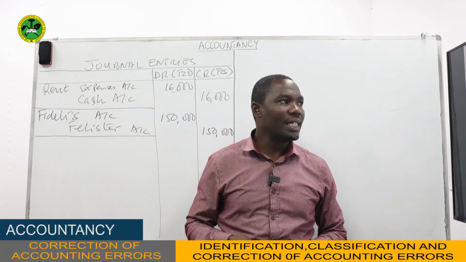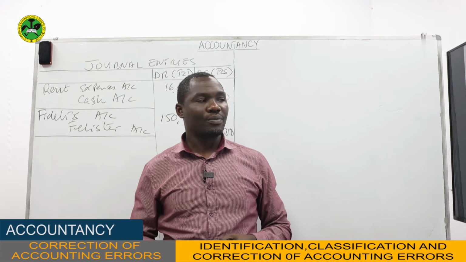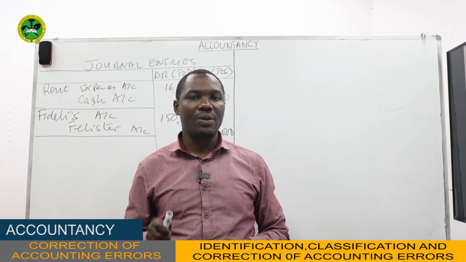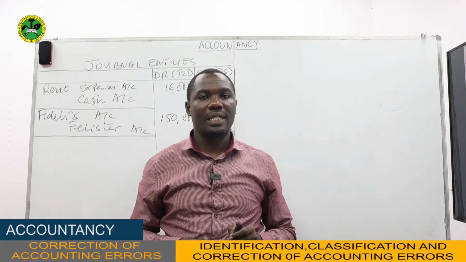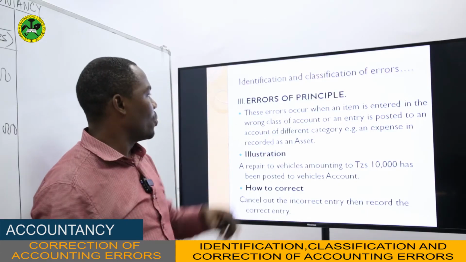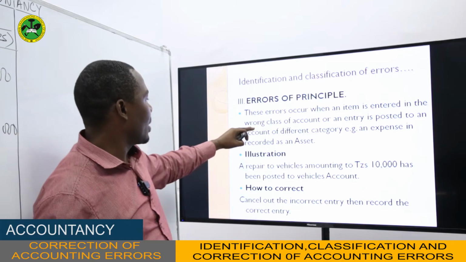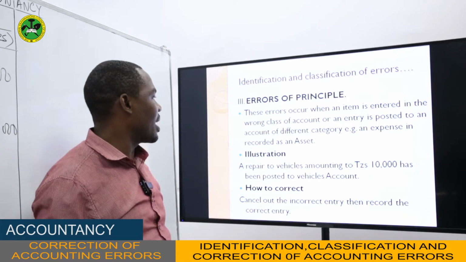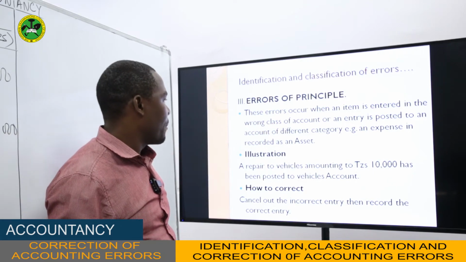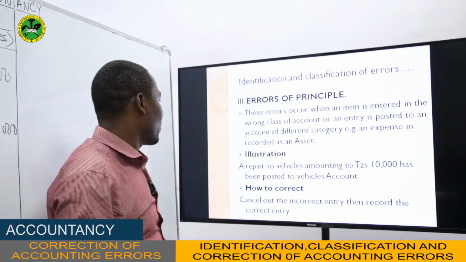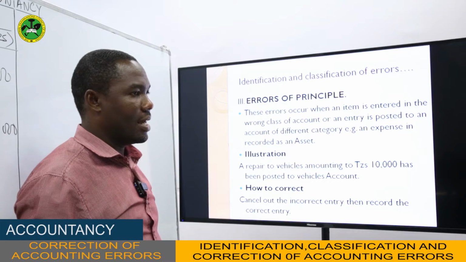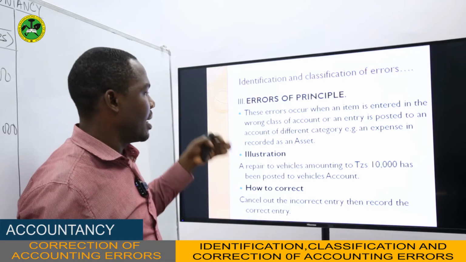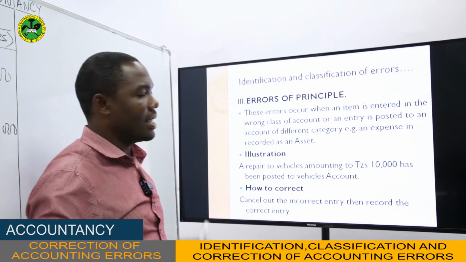Normally, when you record an item in the wrong class of account, so this is you record an entry in the wrong class of account. Basically, it is on two sides: when you record an item in the wrong class of account, or you post it to an account but of a different category. Let's say it is asset and liability.